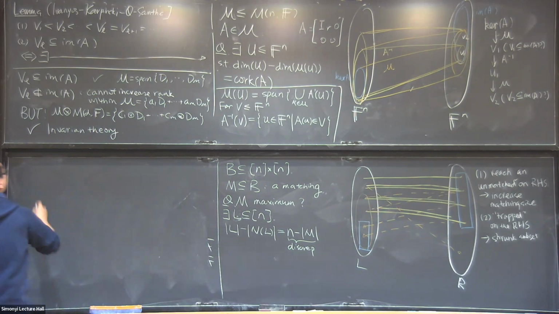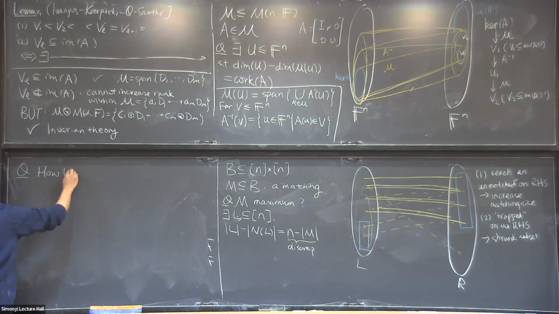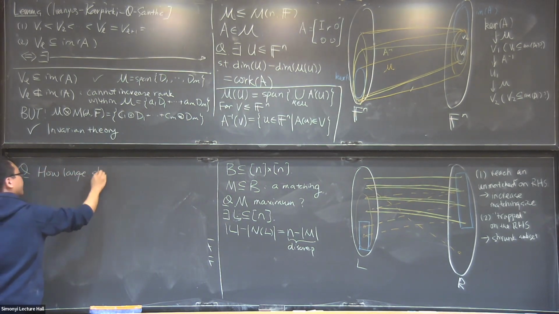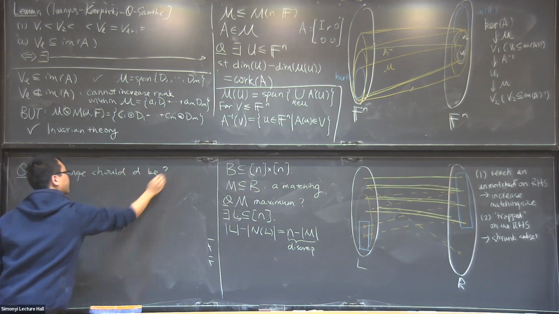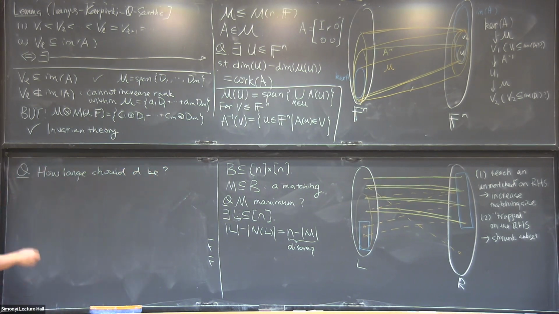So here comes a question. How large would d be? And why should we believe that tensor will help you at all?